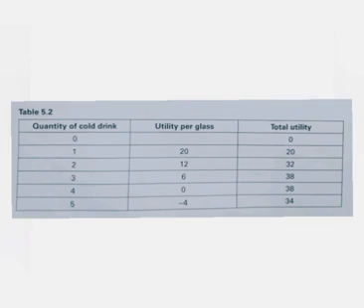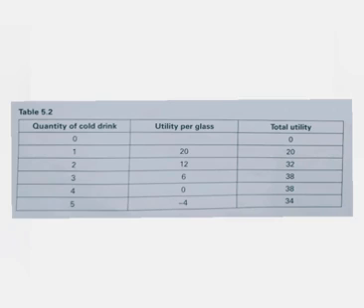Now how do we calculate this? To get 32, we take 20, which is the first glass, and add the second glass, 12. 20 plus 12 equals 32. How do we get 38 on glass number 3? We take 32 and add 6.